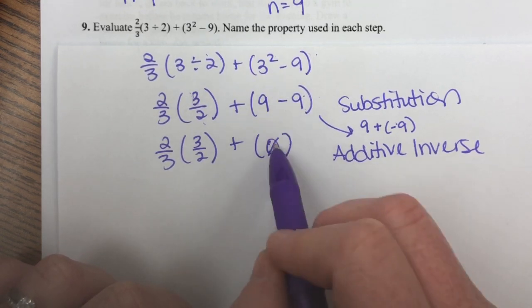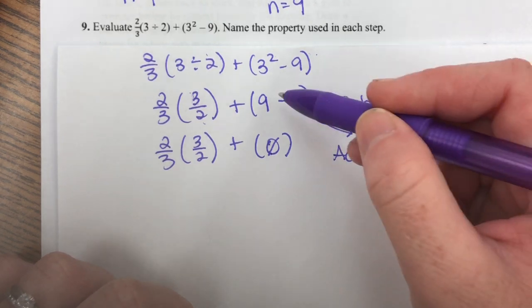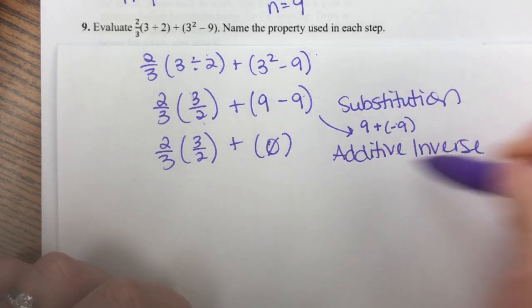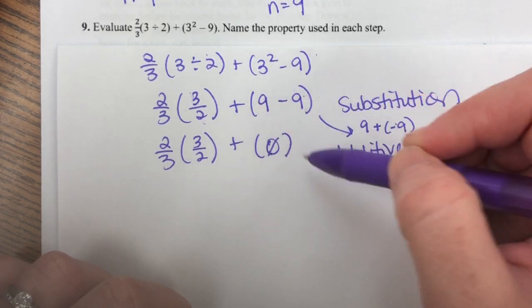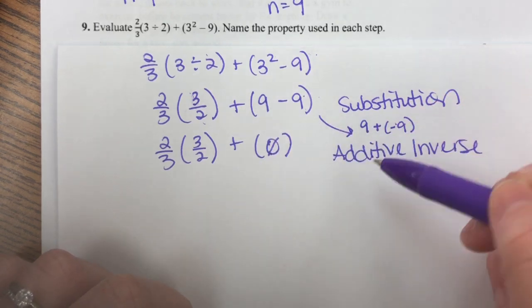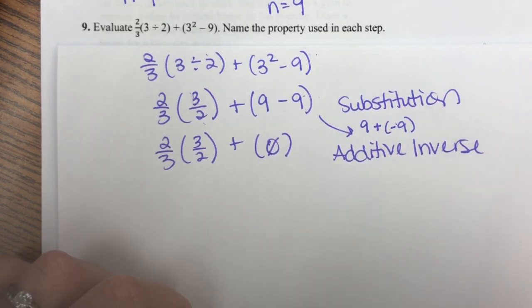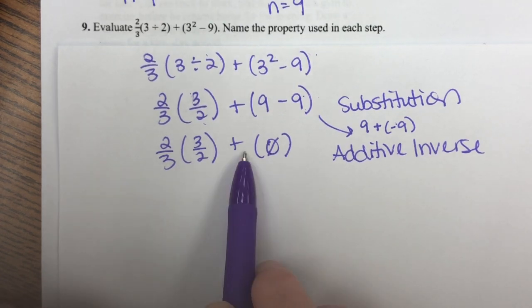So you can't tell me that they're that different. They're the same thing, but because this is a minus sign and not a plus, you're not going to use this? Come on, they're close enough. Anytime you have a number minus itself or adding its negative self, and the answer is 0, it's always the additive inverse.